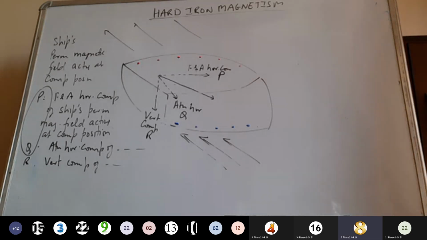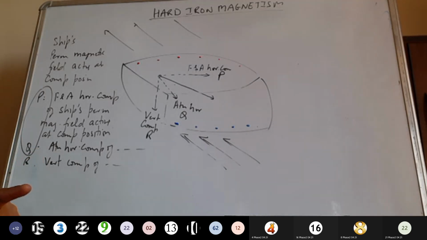Sir, can you please tell again what is value Q? Q is the athwartship horizontal component of ship's magnetic field acting at the compass position. The total field which was acting at the compass position was first resolved into horizontal and vertical component.